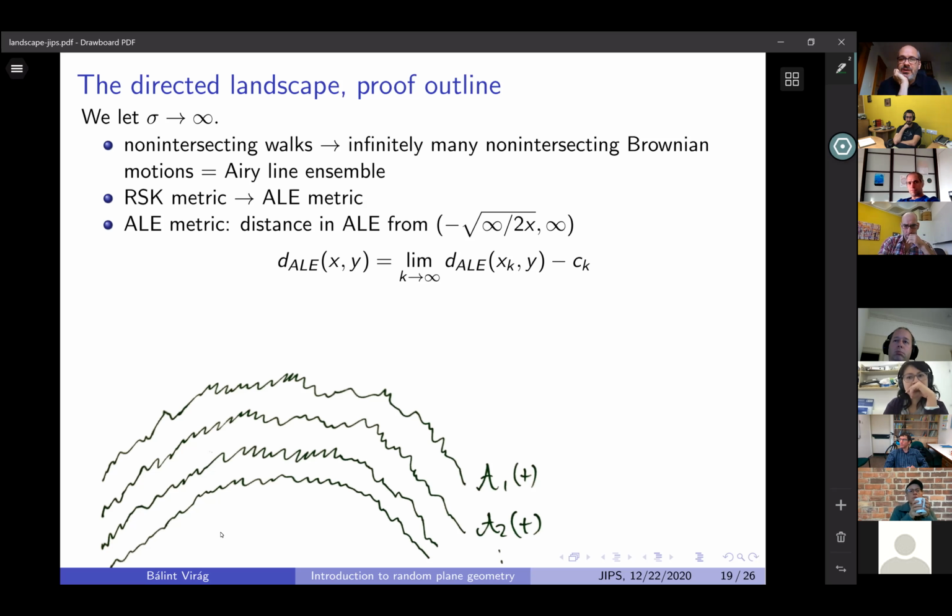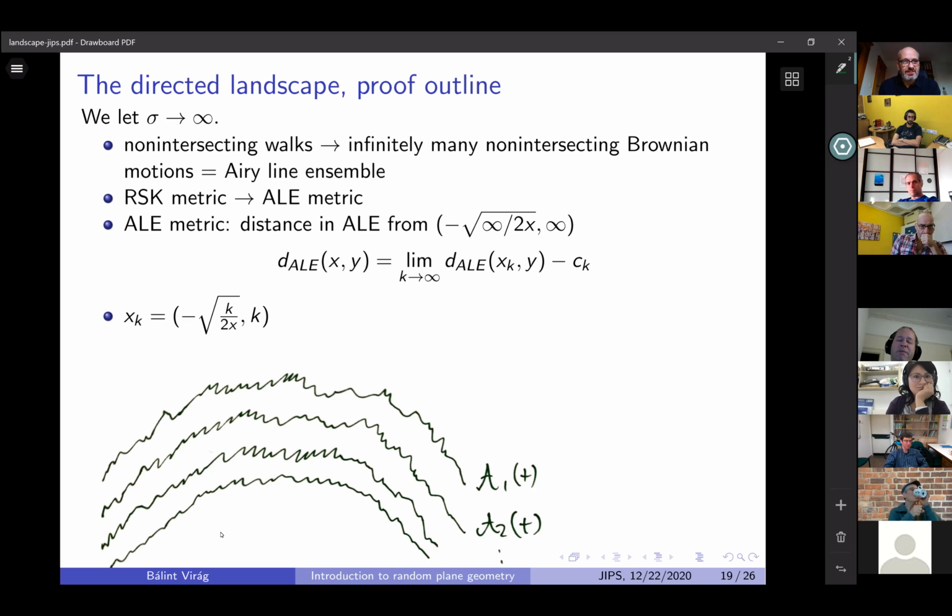From x to y is a limit of this kind of path metrics that I described before, from a point x_k to y minus c_k, and this point x_k to y is going to infinity in this specific way. So on the kth line, you're going to start from minus square root of k over 2 times x, and you take the distance from that point, and then you take a limit, and you get that.